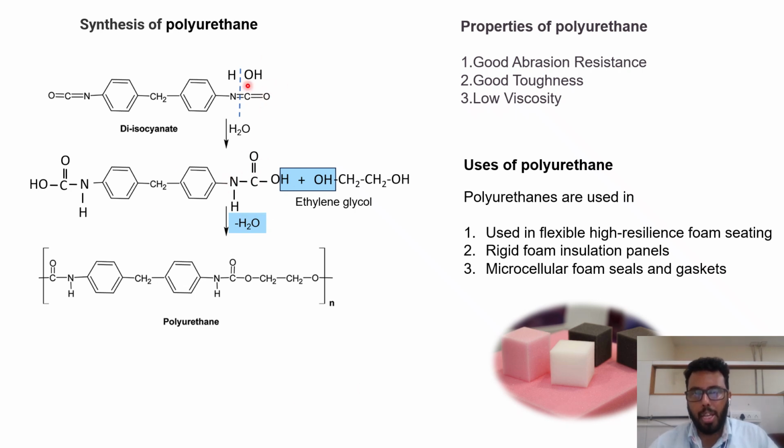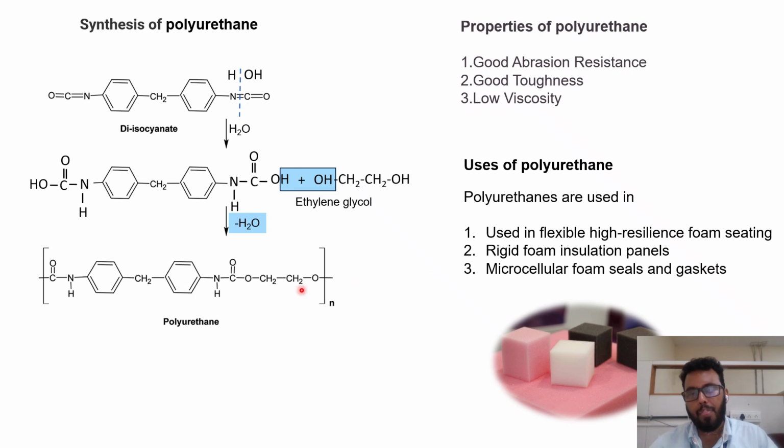So by doing hydrolysis, we are converting the isocyanate group into imine containing carboxyl group, right? NH is imine, and you got the carboxyl group, where this hydrogen from this carboxyl terminal group will interact with the hydroxyl group from the ethylene glycol, and one water molecule will be removed. As a result, you got this NH double bond O, and an ether bond is formed, and you got this ether chain.